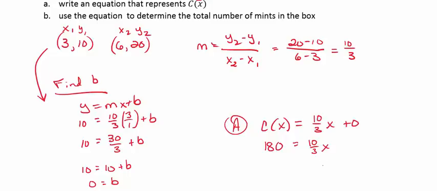We don't need the 0. We're going to either divide by 10/3, or in this case, multiply by the reciprocal. All right, so what we get here is 540 over 10. So 540 over 10 equals x, and that reduces to 54.